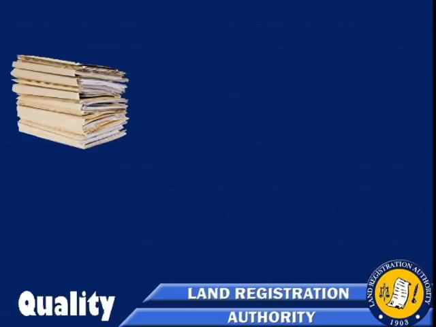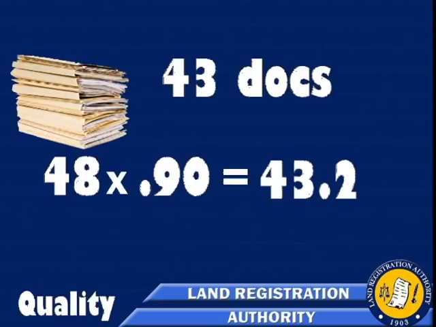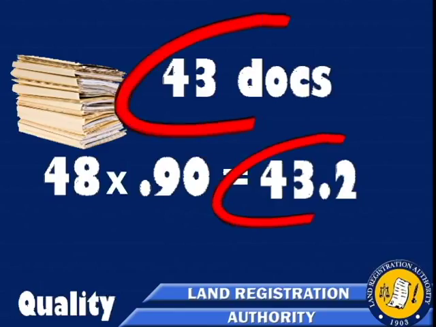If, for instance, 48 documents have actually been endorsed for approval to the RD, then 48 times 0.90 is equal to 43.2 or 43 documents. That's the 100% target.